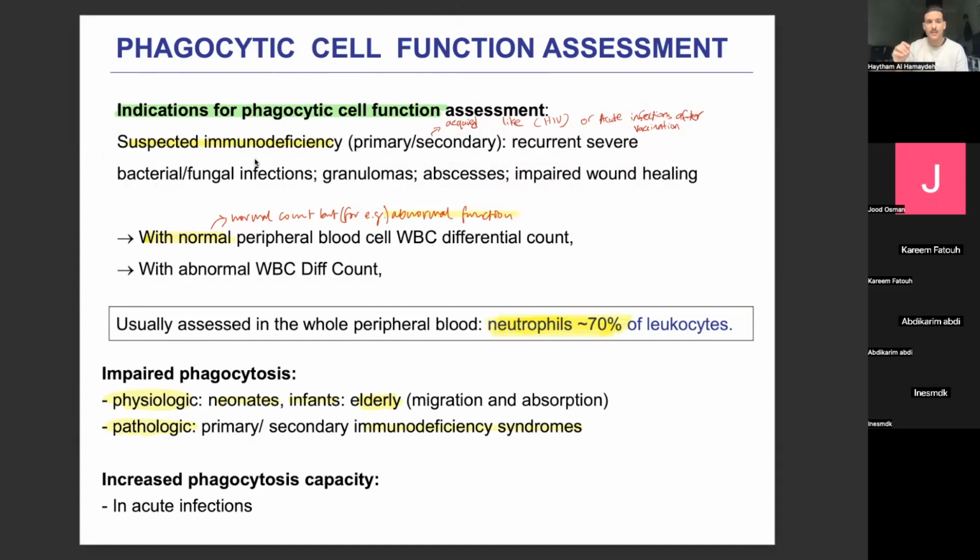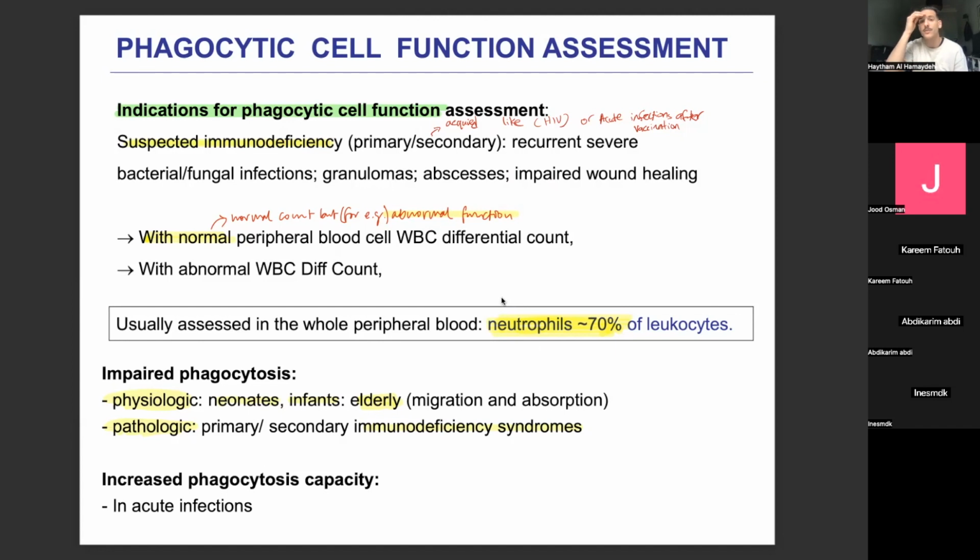We will assess this function in case where there is a normal white blood cell count, but they are not functioning well, or there's an abnormal white blood cell count, okay? So abnormal count is basically a kind of immunodeficiency. And a normal count, maybe in case of an infection that actually affects those cells and they're not functioning well, okay? Usually what we are mainly looking at, because they are in very large numbers, is neutrophils.